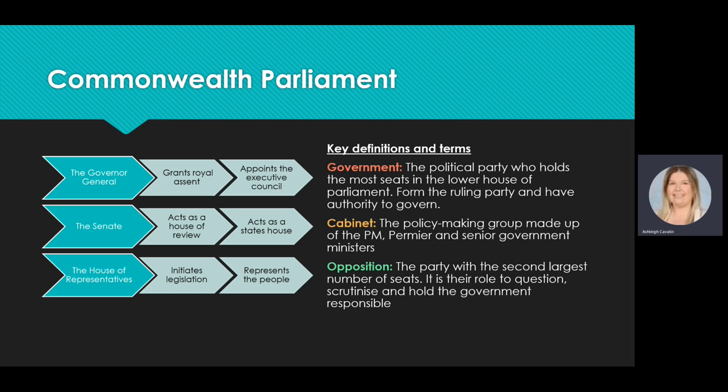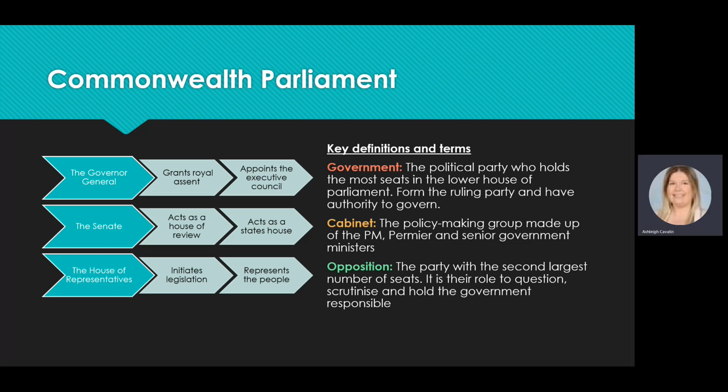We then have the upper house, the Senate, which acts as a house of review, but also acts as a state's house, representing the interests of each of our states. Lastly, at the top of our parliamentary system is the Governor-General, who acts as the Queen's representative. It is their job to grant royal assent to legislation.